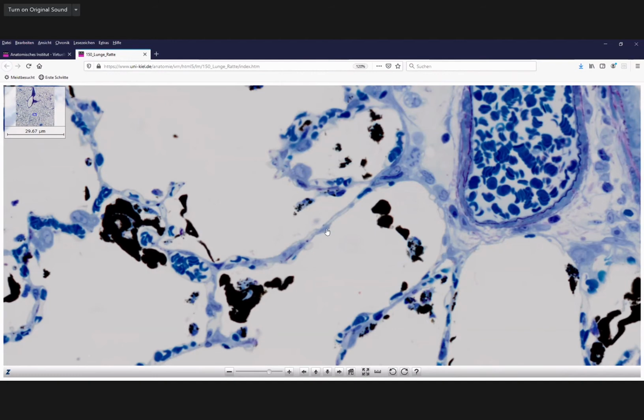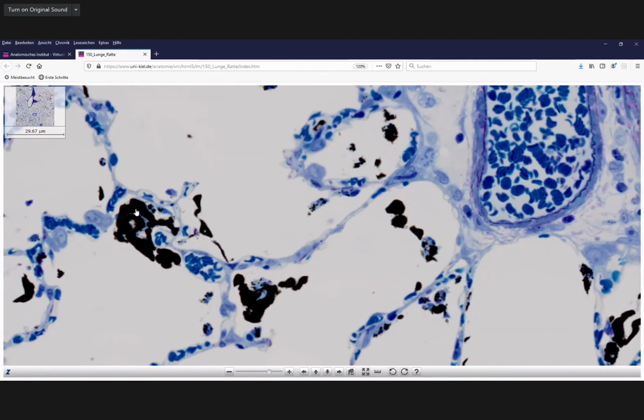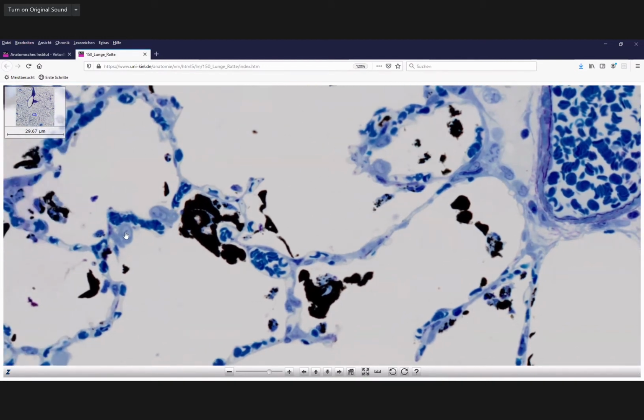Okay, so when you see a cell body bulging forward to the airway side here, then it's a type 1 cell. The type 2 cells are these guys here, which are quite big and bulging forward, and you can see one here. You can see another one here. You can see another one here.